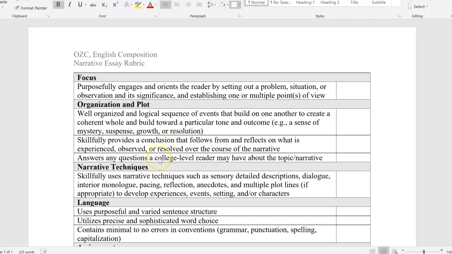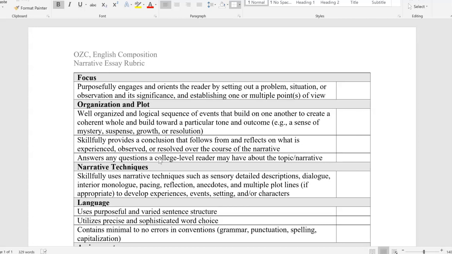And then here's this one. Answers any questions a college level reader may have about the topic or narrative. Literally, if there's something I'm just not understanding, or your peers aren't understanding, if there's something that seems to be missing, those are the questions. So this takes a lot of effort in rereading your work, reading it aloud, making sure that you have answered all the questions that could be there, right?